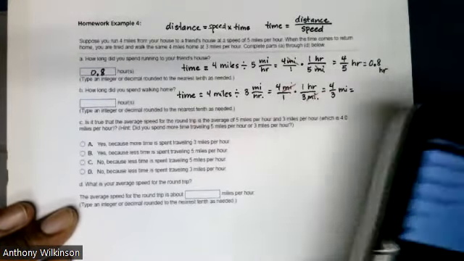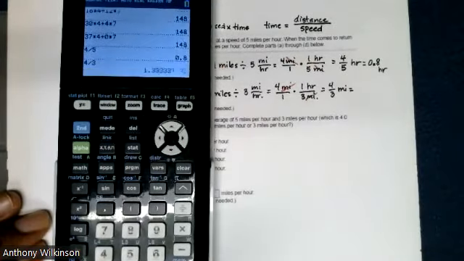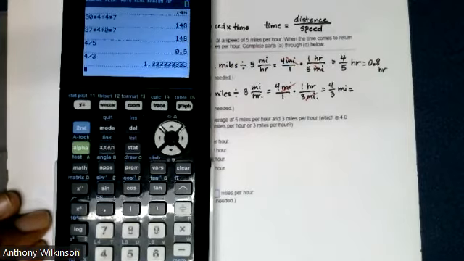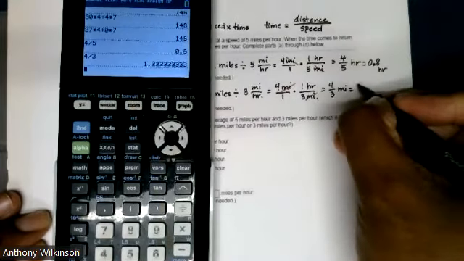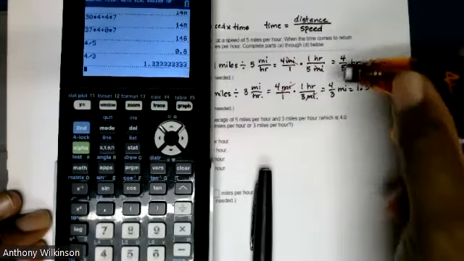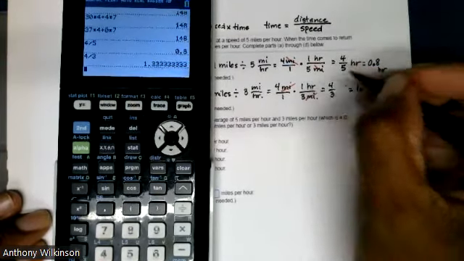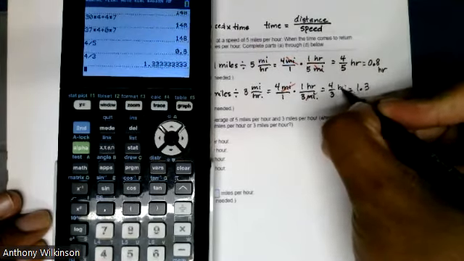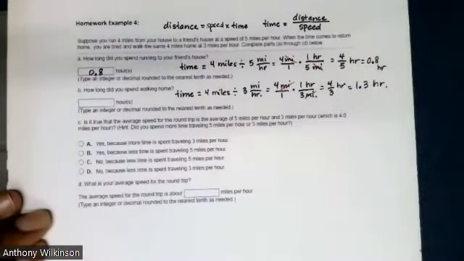And if we write that as a decimal to the nearest tenth, this will be 1.33 repeating, but to one decimal place, 1.3, and this should be hours because the miles divided out. You're left with a unit in hours. So it'd be 1.3 hours.